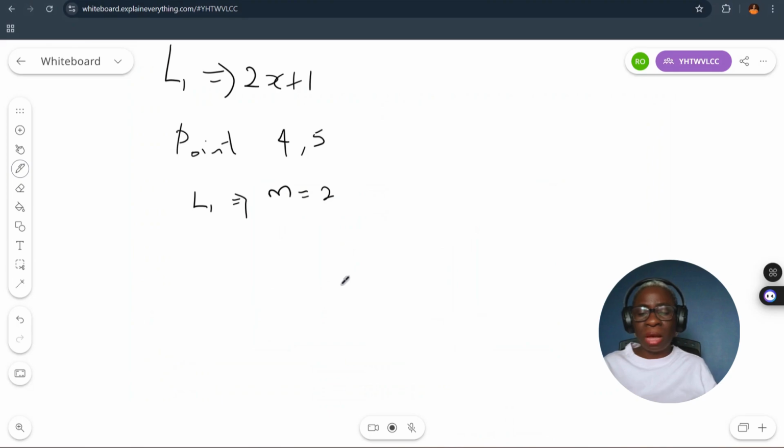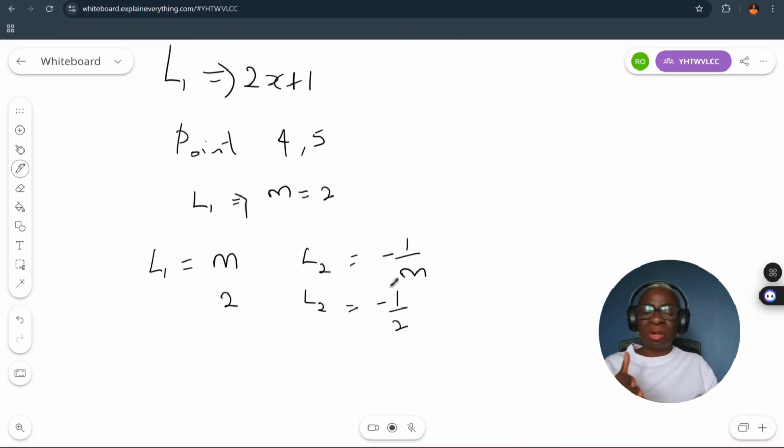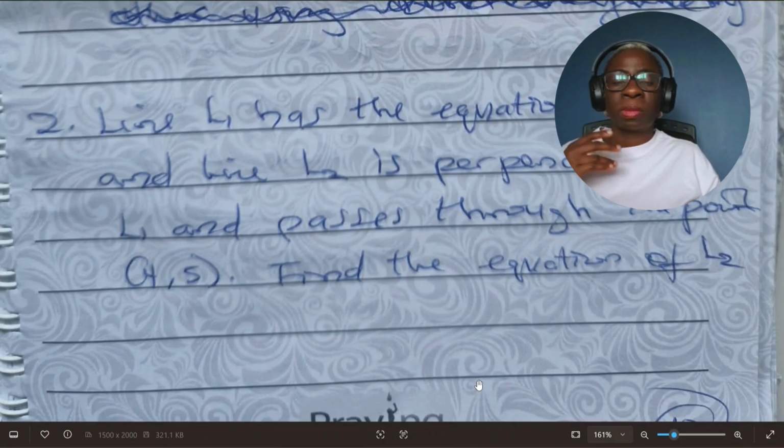That is, if the gradient of L1 is m, the gradient of L2 will be negative 1 over m. So now that the gradient of L1 is 2, the gradient of L2 will be -1/2.